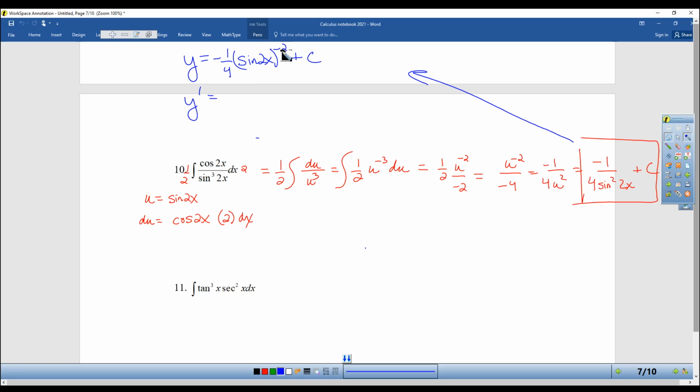Then the derivative would be negative 2 times negative 1/4, which would be 1/2 sine of 2x to the negative 3, because we're doing a derivative, we drop that, times the derivative of the inside, which is cosine of 2x times 2. And the derivative of c is 0. These 2's would cancel, and I would get cosine of 2x over sine cubed 2x. So it checks.